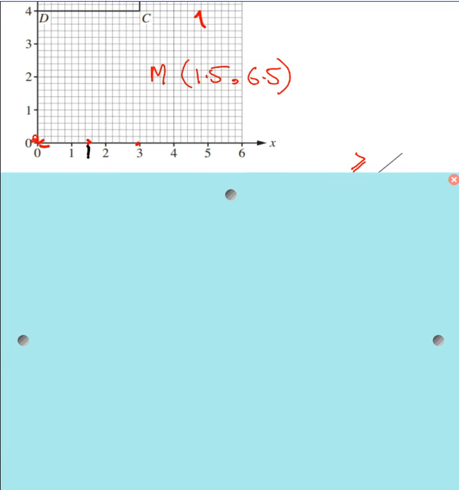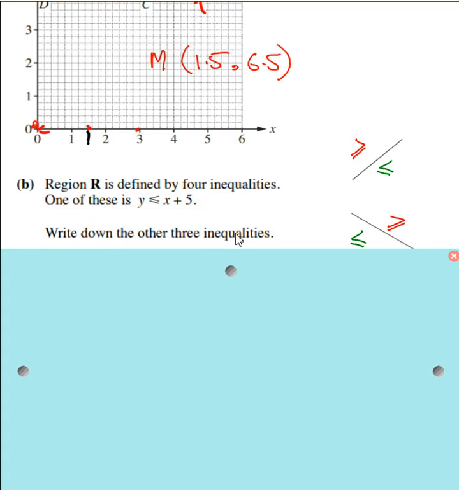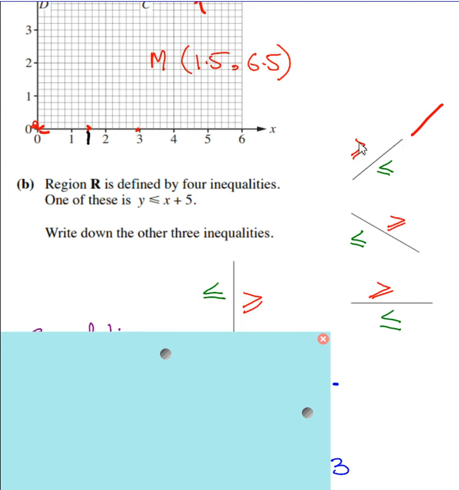Now, before we do the second part of the question, which is saying find out the other three inequalities, which are the lines covering the region, you need to recall the concept here. Let's see what is the concept. If you remember, when the line is slant in this direction, the above region is represented by greater than or equal to.